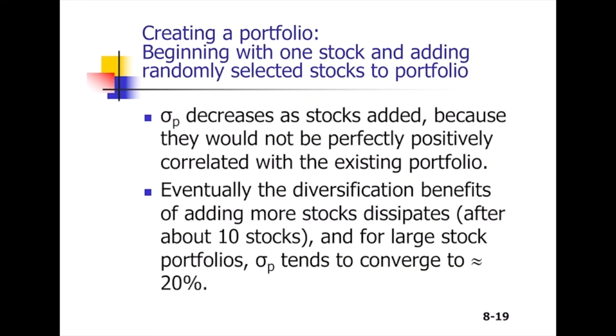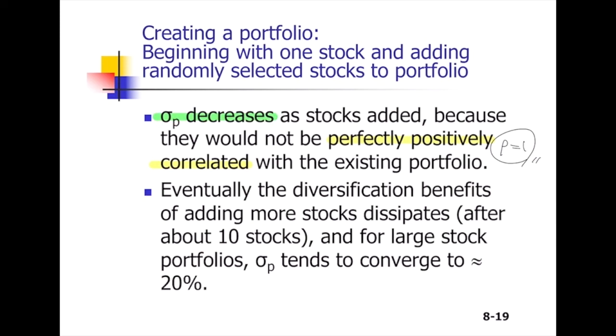So the portfolio risk decreases as stocks are added, because they would not be perfectly positively correlated with the existing portfolio. We can write the perfectly positively correlated case with this mathematical expression, rho equal to 1, right? Except for this case, we can have some benefit that is about portfolio risk reduced.